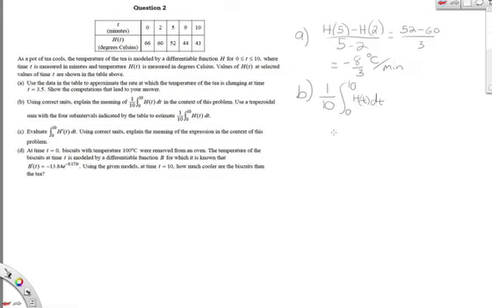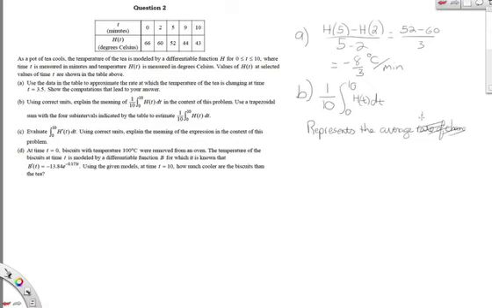So this would represent the average rate of change. That's not true at all. Sorry, brain went elsewhere.